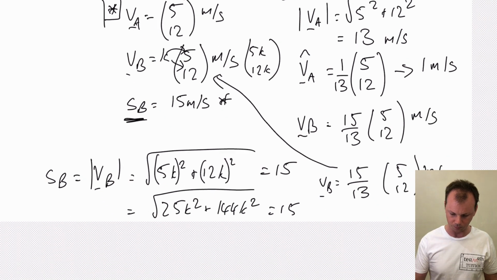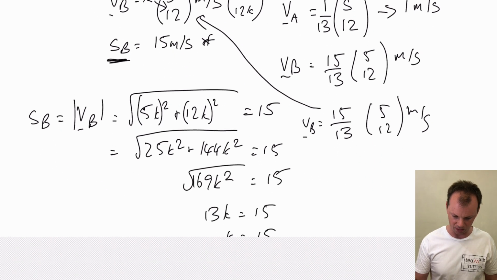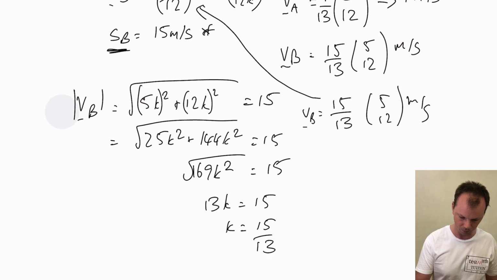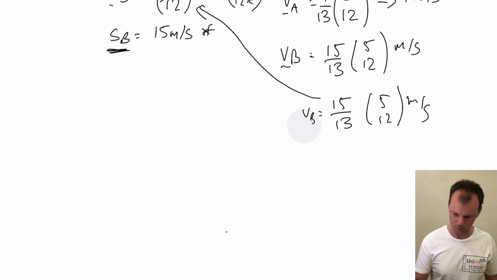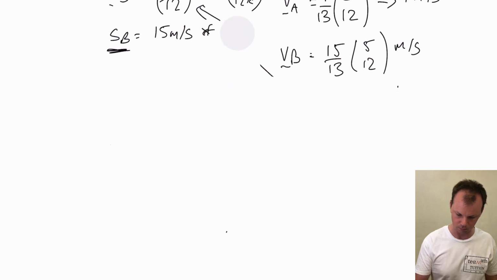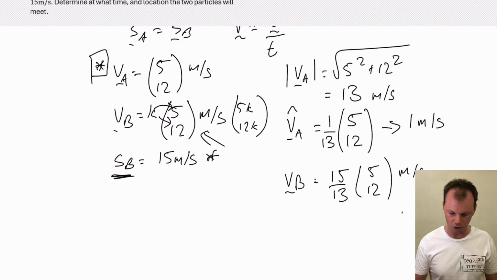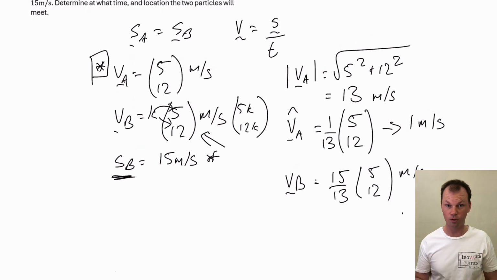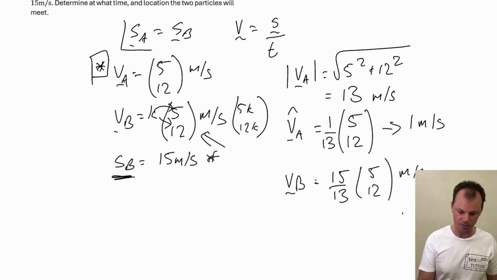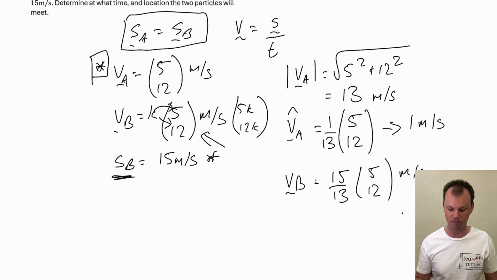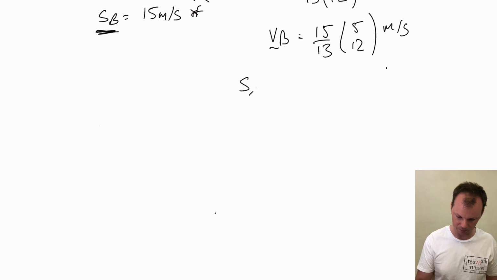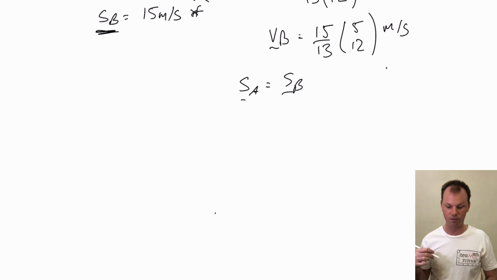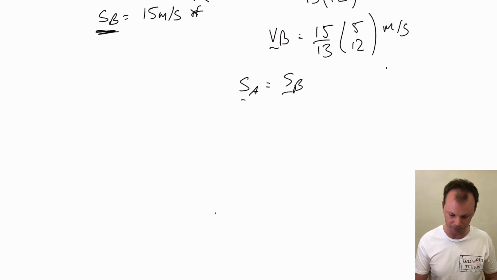Okay, so we've got the velocity of A and the velocity of B. We want to work out what time they both meet. At that point, the displacement of A will equal the displacement of B. So if we've got SA equals SB, and I'm putting my underlines under there for my vectors, we're not talking about speeds here.